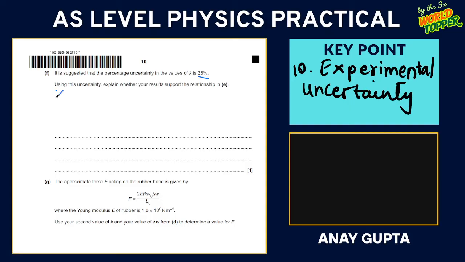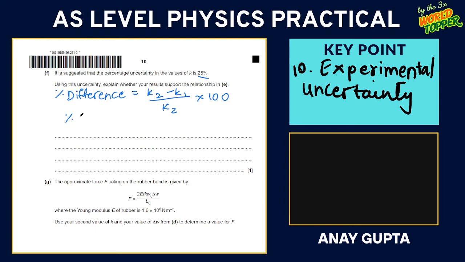So first, we find the percentage difference. The formula for percentage difference is K2 minus K1 upon K2 or K1, into 100. Whichever is larger, you subtract the smaller from the larger.